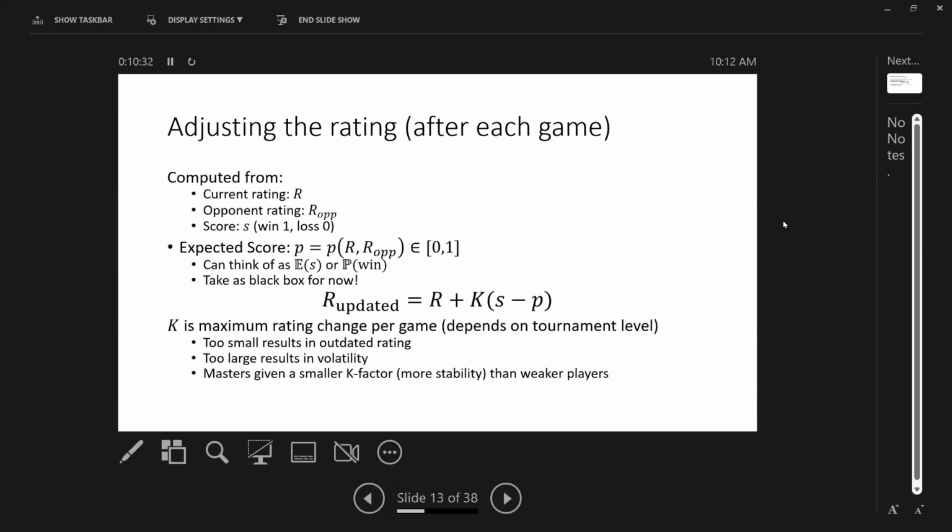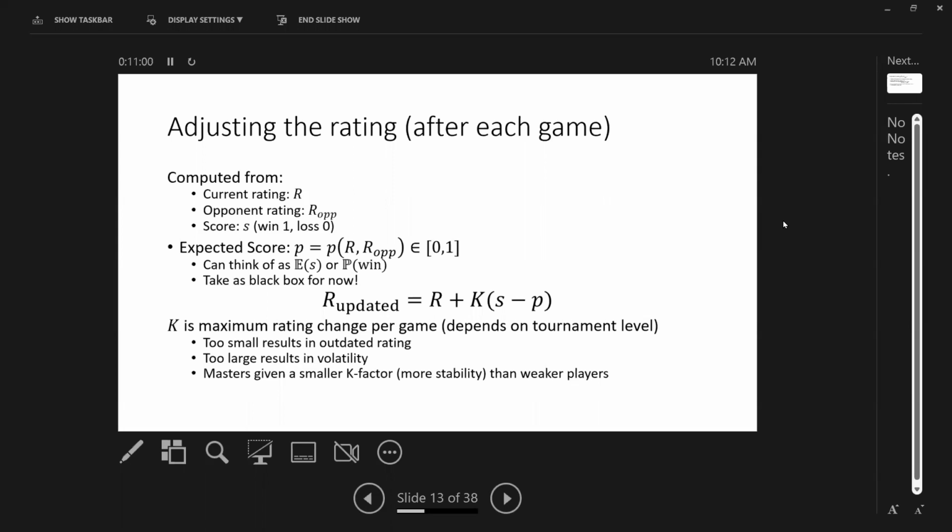To choose this balance, there are a lot of considerations. It's mostly an arbitrary constant. Currently, the United States Chess Federation gives higher rated players like masters and grandmasters a smaller k factor, which means their rating would change more slowly compared to weaker players who have the potential to really outgrow themselves in a short amount of time.